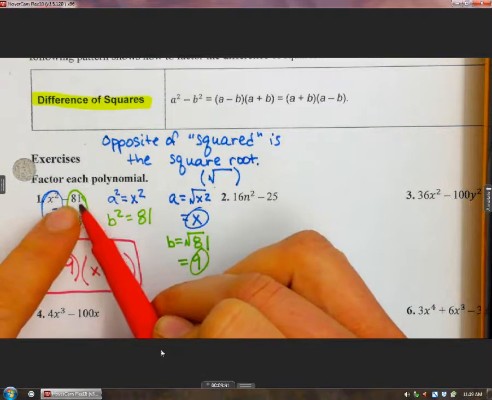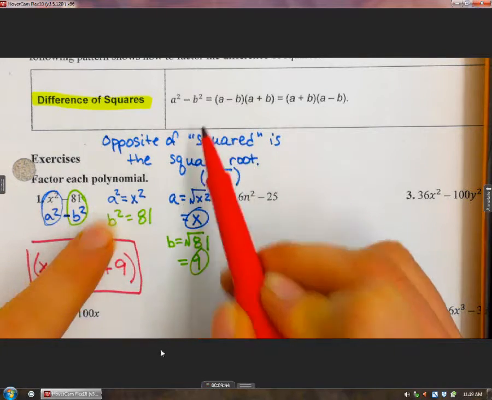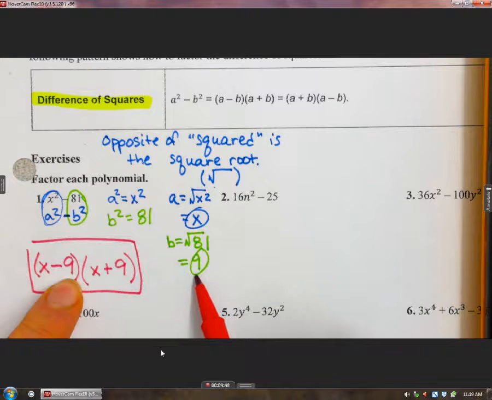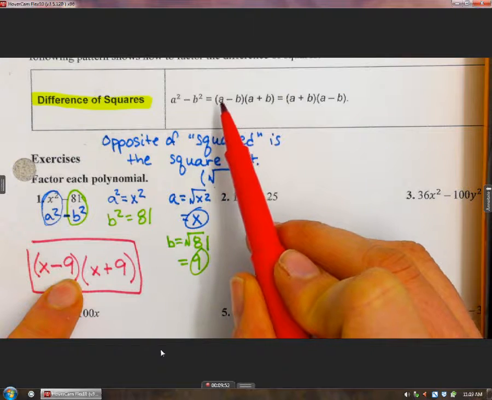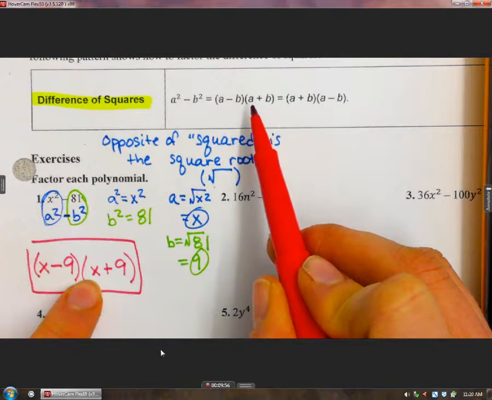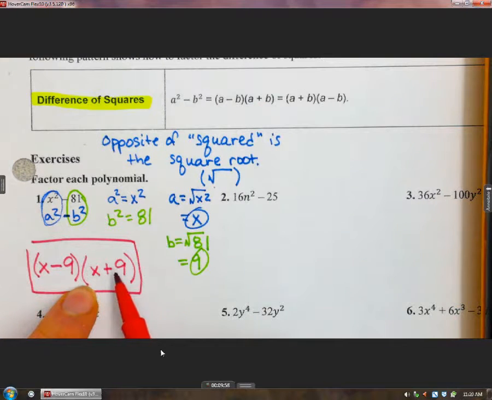So x squared minus 81. I found what a and b were. So a is just x, b is 9. And then I put them in the parentheses. A minus b, x minus 9, a plus b, x plus 9. That's my first example. I'm going to pause my video just for a second.